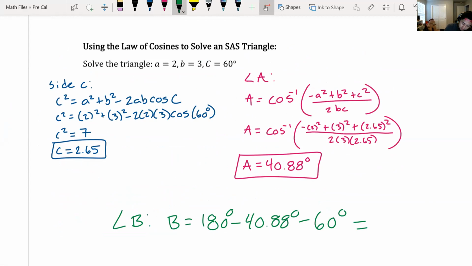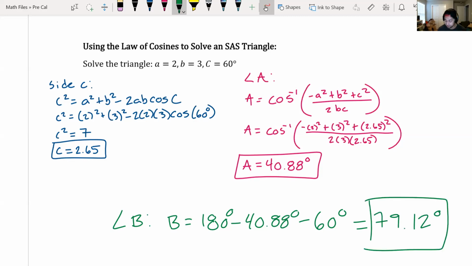So 180 minus 40.88 minus 60. You get 79.12 degrees for angle B. That's it.